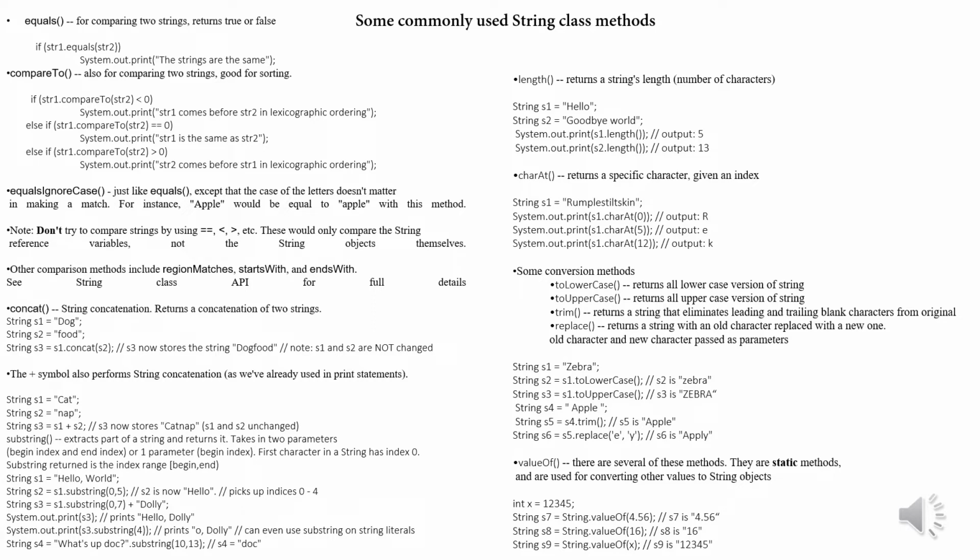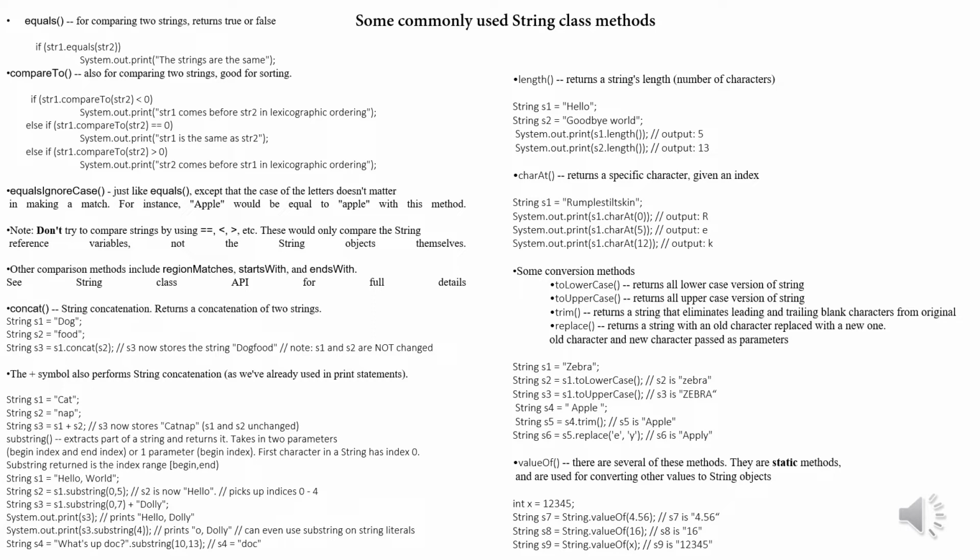So the beginning index is 4, it means the character O and the rest of the string. So that's what would be printed on the screen, O dolly. So this 4 is considered as the begin index.